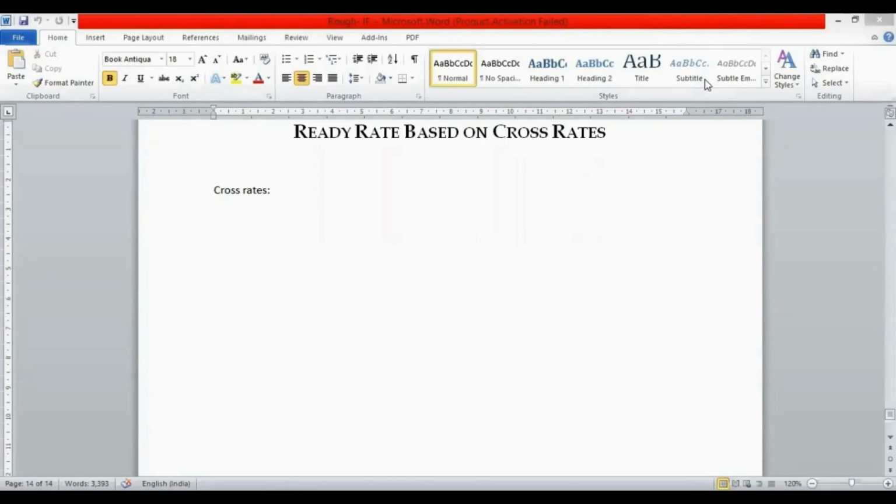So what we have to do, suppose a customer approaches the bank for buying or selling of Australian dollar, and the interbank market does not have the rate of Australian dollar. So what will the bank do? The bank will approach the international market, that is the London market, and take the rate of Australian dollar.